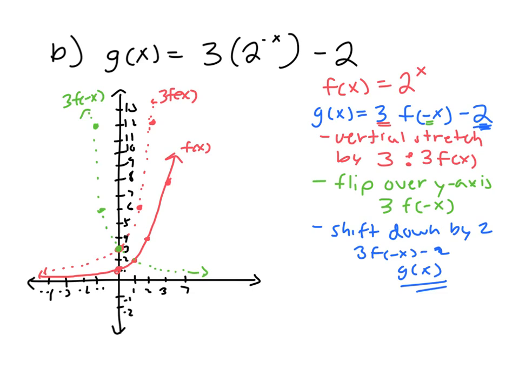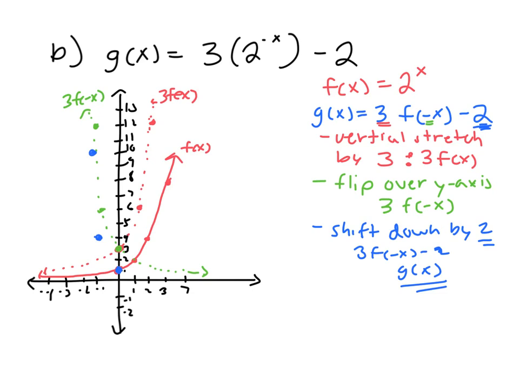Instead of it being at 0 and 3, x equals 0 and y equal to 3, I'm going to shift it down by 2. So instead of it being at 3, it's going to be down here at 1. Okay, and then 6 is going to shift down 1, 2 to 4. So the point will be negative 1, 4. Then lastly, the 12 is going to go down 1, 2 to 10. So that's going to be negative 2, 10.